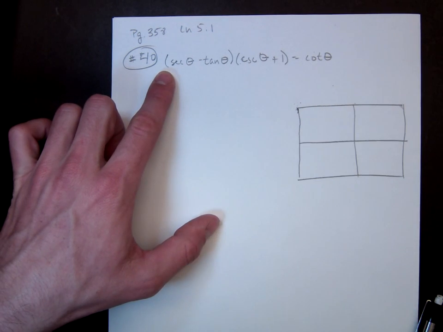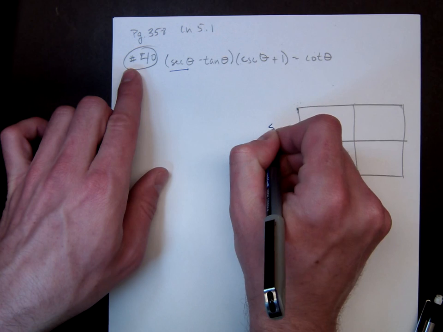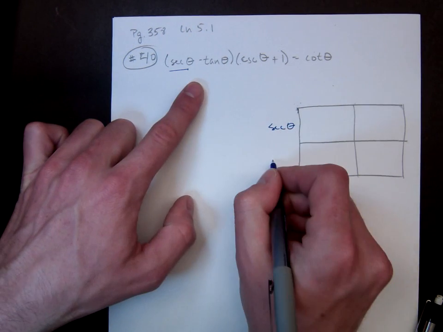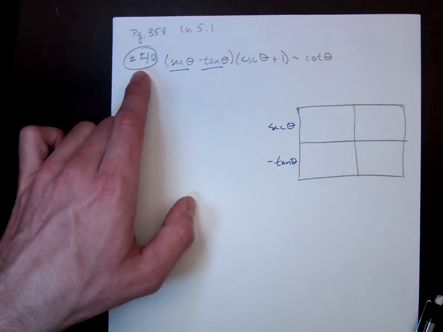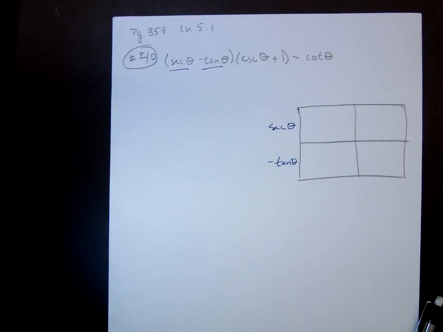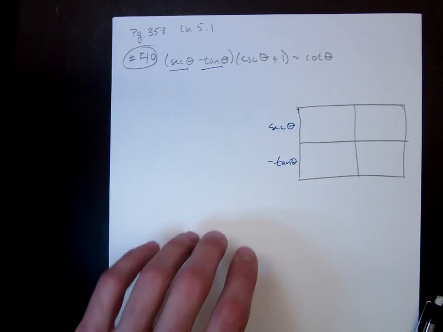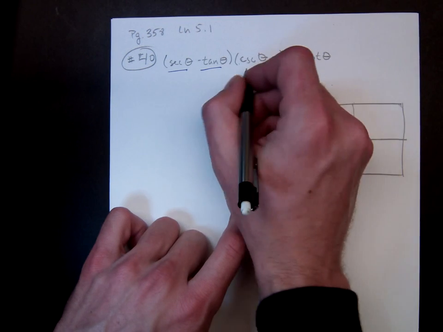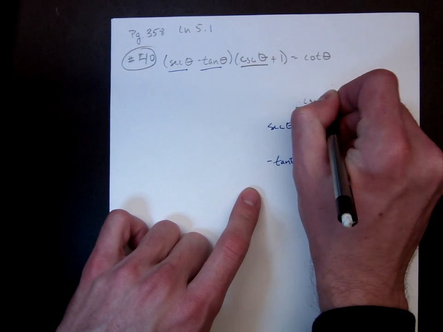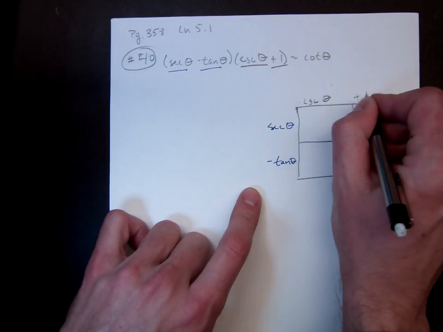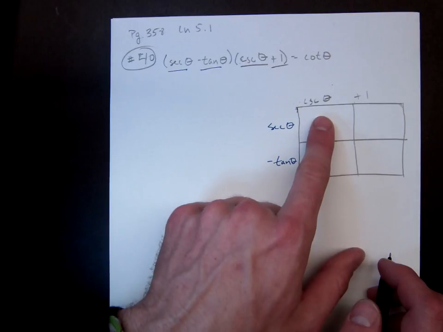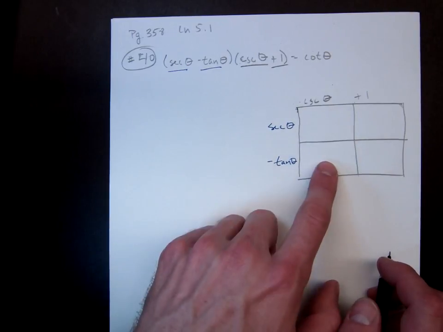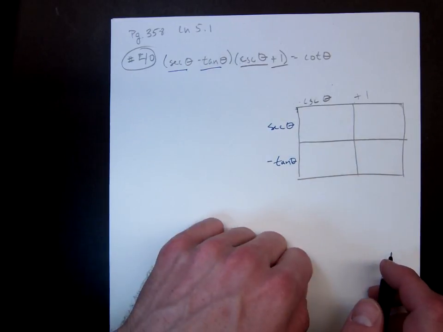I'm going to write out here, I have secant minus tangent, and then over here I have cosecant and 1. So if I multiply this side of the rectangle times this side of the rectangle, which I can break up into these smaller rectangles and add them up, that'll give me the product of these two binomials.